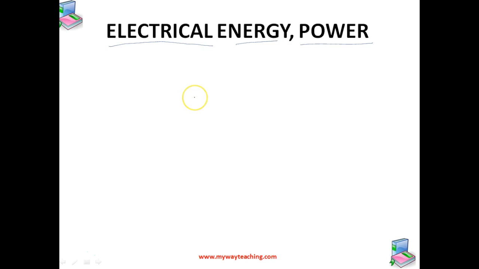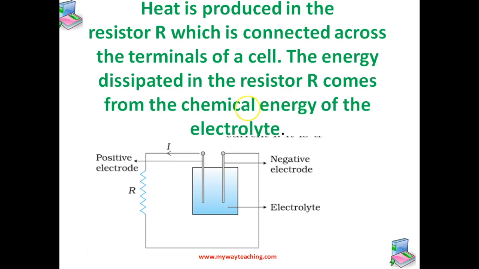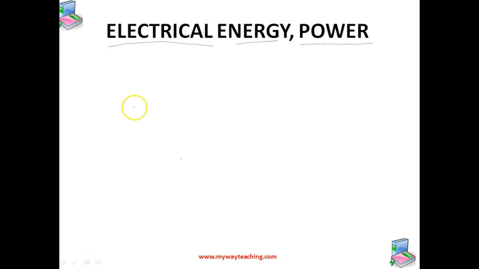Consider a conductor with the endpoints A and B in which a current I is flowing from A to B. The electric potential at A is denoted by V of A, and similarly the electric potential at B we can represent with V of B. Since current is flowing from A to B, V of A is greater than V of B.